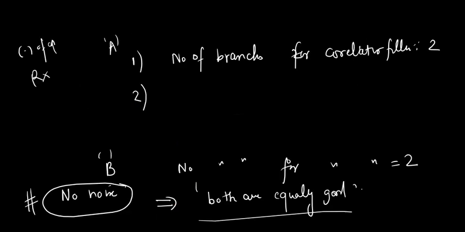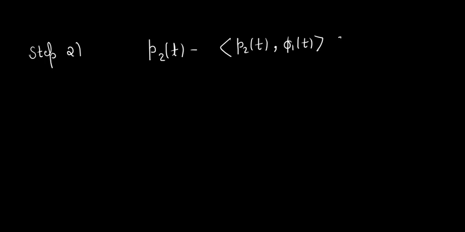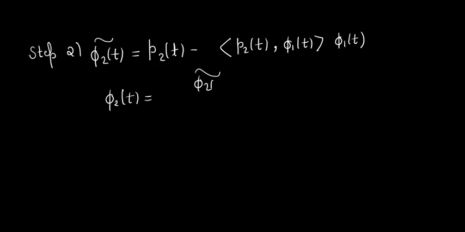So what we are going to do here: this is your second waveform. First project it over phi 1(t), subtract it from p2(t), just call it phi 2 tilde, and phi 2(t) will be phi 2 tilde(t) divided by the square root of the energy of phi 2 tilde(t), just normalizing it with the square root of its energy.